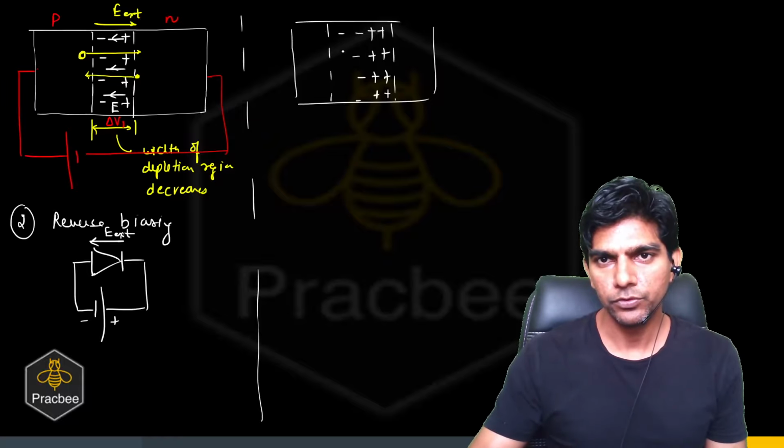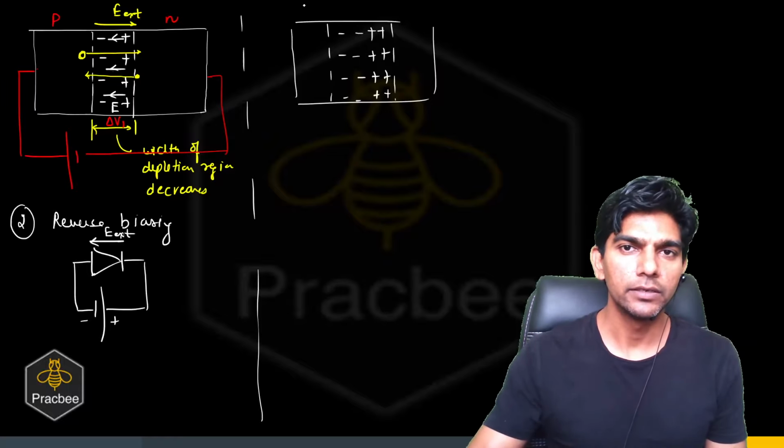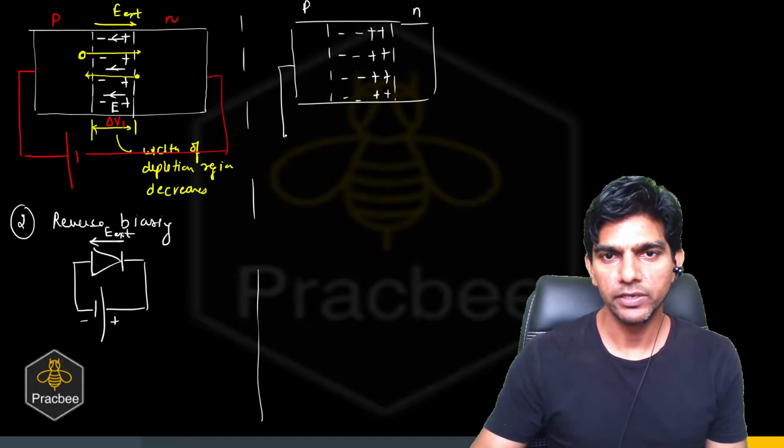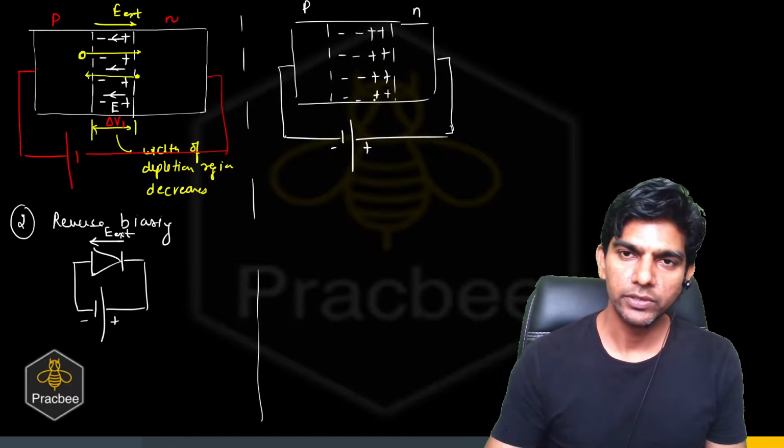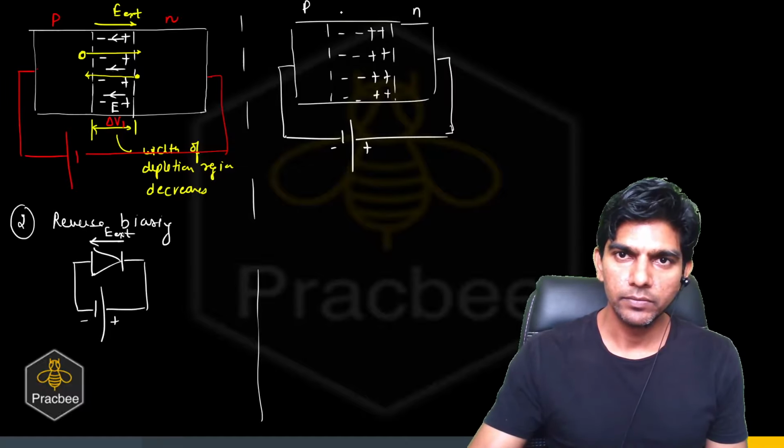And it will be difficult for the majority carriers to move from one side to another. If I connect the P side to the low potential and the N side to the high potential, now there is an external field in the left direction, and the field at the barrier is again in the left direction.